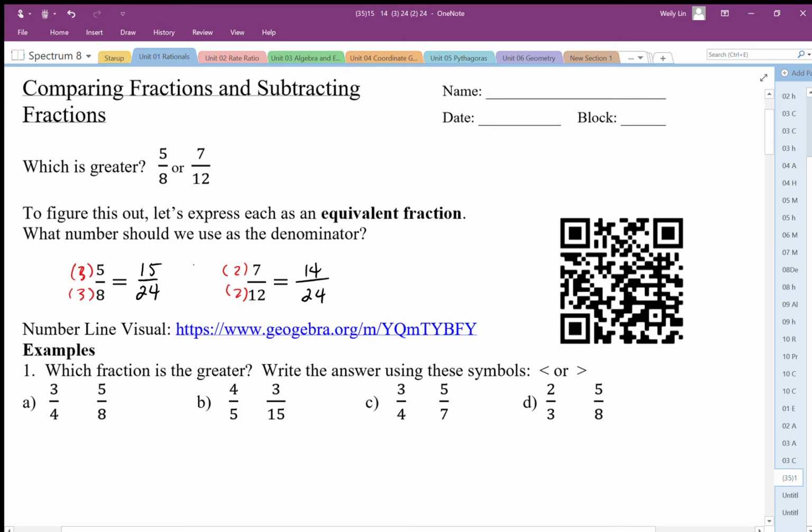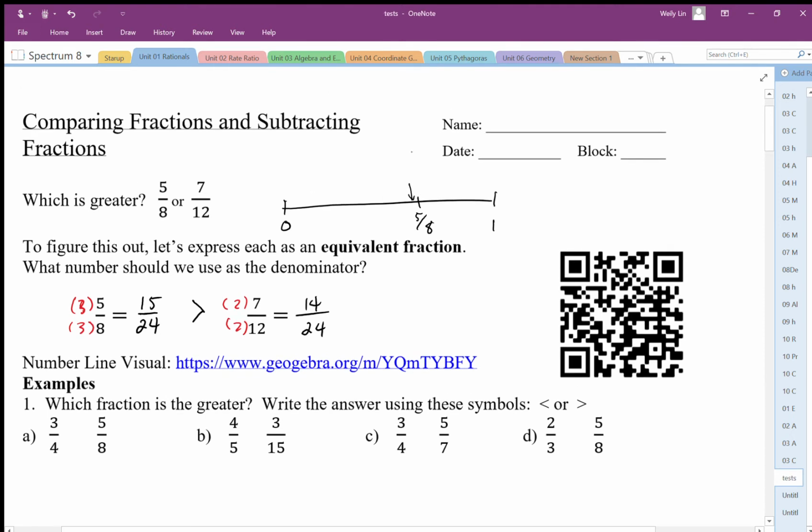When we're comparing fractions that are fairly close to each other, we want to have some strategies. One thing we could do, since these are numbers, is work out the number as a decimal and put it on the number line. When we don't have that option, we should look at a common denominator. 5/8 is probably right around here, and 7/12 was just slightly below it.